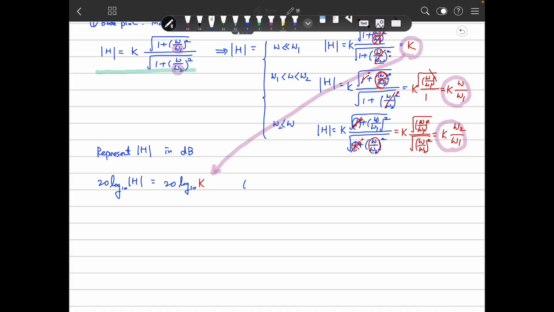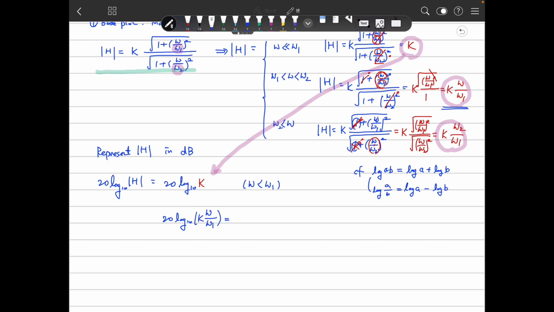So when omega is small compared to omega 1, it will be 20 log 10 of k. When omega is between omega 1 and omega 2, it will be 20 log 10 of k omega 1 over omega. You know that this is logarithm properties: log of a times b can be represented as log a plus log b, and log of a over b is log a minus log b.